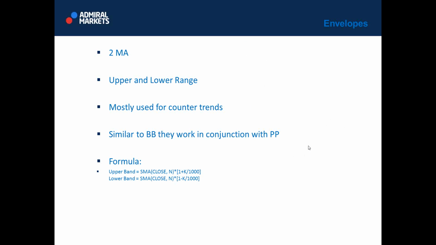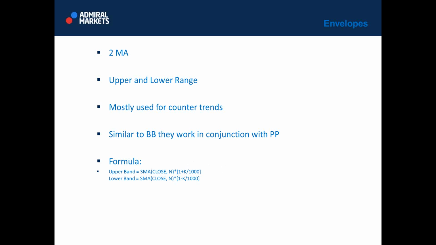Now guys, if you ask me, I'm more fond of using Keltner and Bollinger than purely envelopes. They can work in conjunction with pivot points, and this is the formula. They use SMA. EMA, in my opinion, is better than SMA. At least, on the 5-minute Camarilla MACD method, I use EMAs.